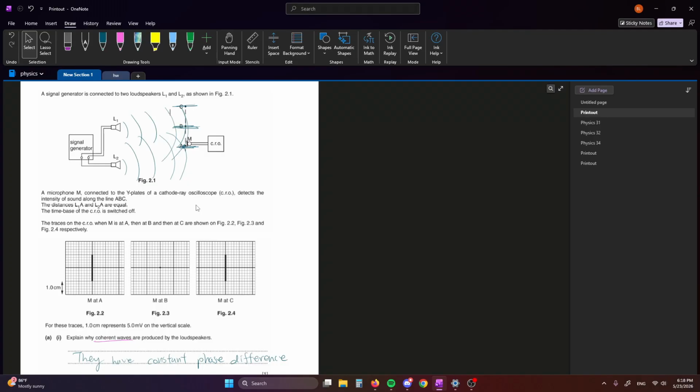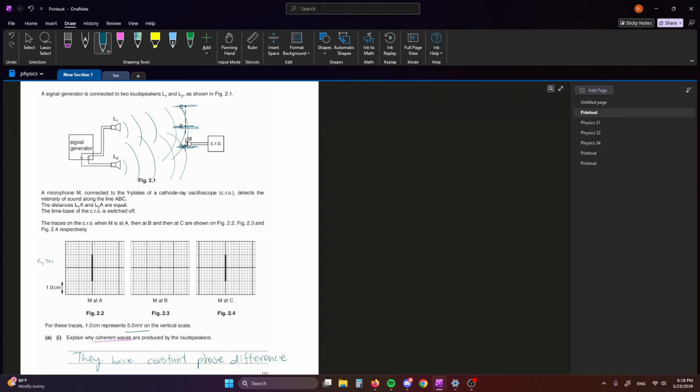Okay, so I think that the overall amplitude, so 1 centimeter represents 5.0.